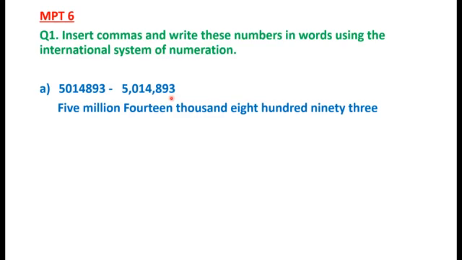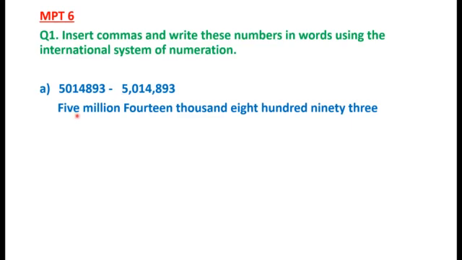The first period has 3 places, and then we put a comma because the period is changing. Then again we count 3 places, that is the thousands place, 10,000 and 100,000. We place a comma again, and then comes 1 million.